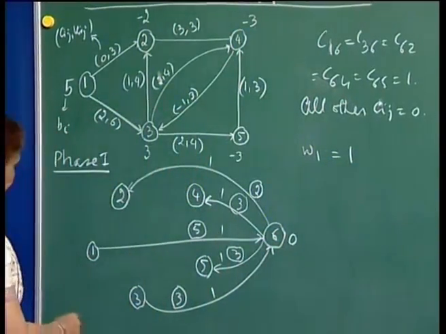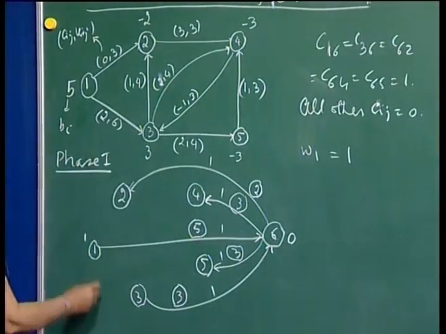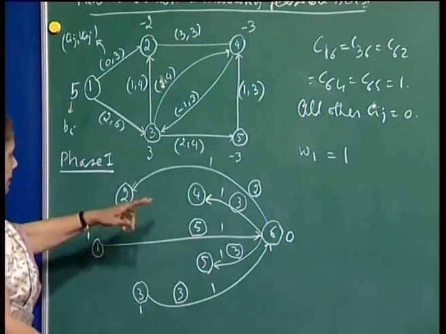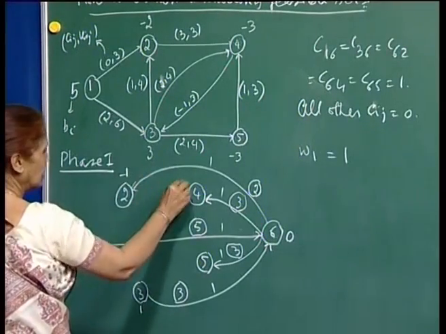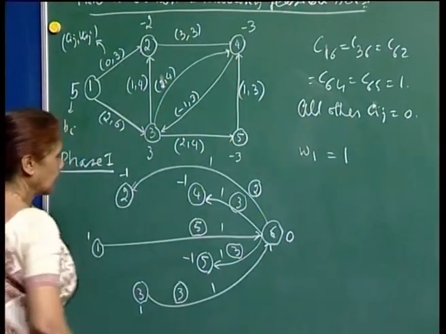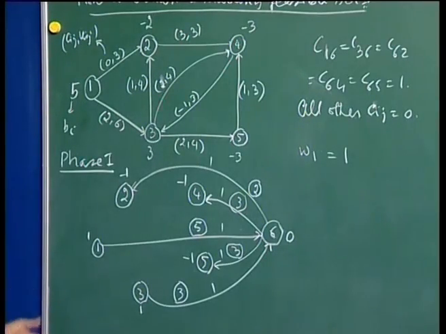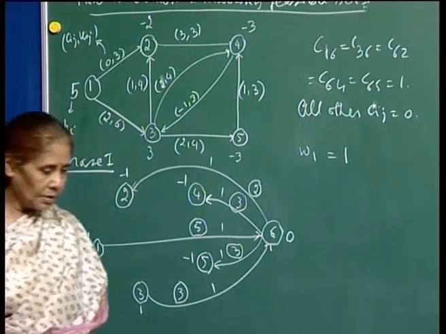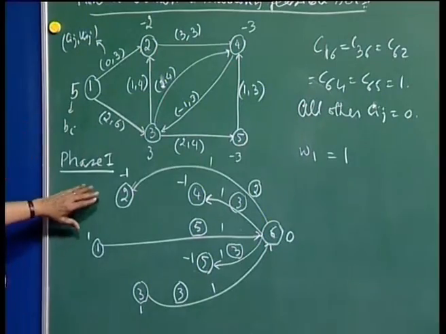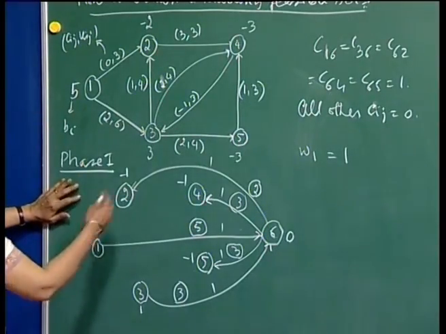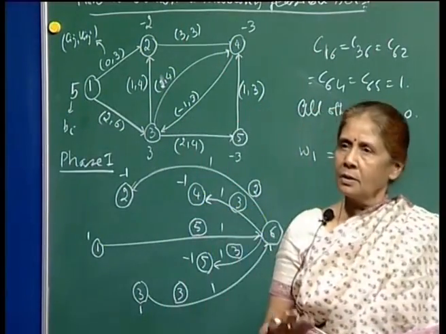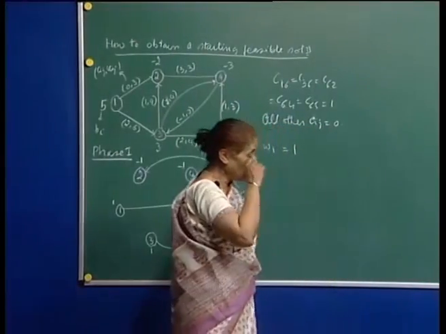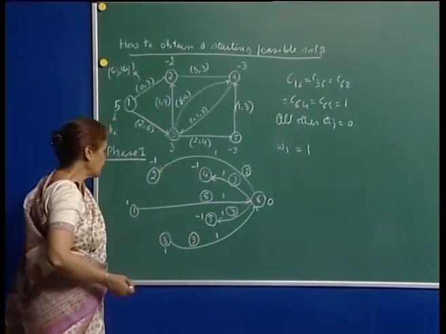So for all the supply points the dual value would be 1, and for all the demand points it will be minus 1, exactly the same way. And so we begin our network simplex algorithm. I will use the first beneficial arc encountered as the candidate for coming into the basis.